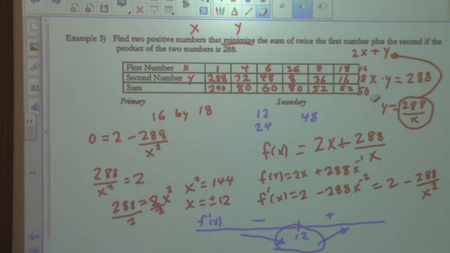You end up finding a critical number, and the value is going to be 12. So 12 times what is 288? If you divide 288 by 12, you get your second number. So it's the same sort of thing.